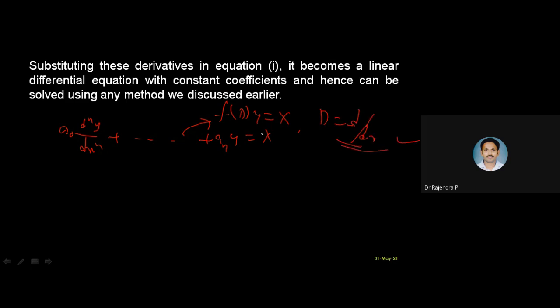Initially we consider f of D into y equal to 0, the homogeneous form. We find the complementary function, then we find the particular integral with respect to the function x. We have taken some special functions here also, in place of x, maybe e power x, sin x, or cos x, maybe some other polynomial functions.